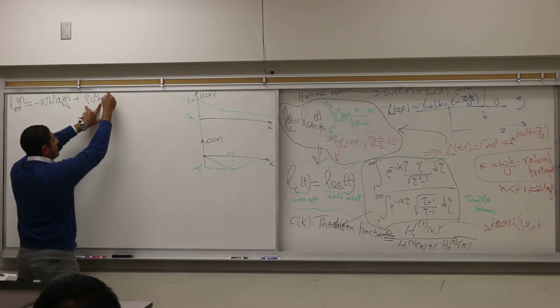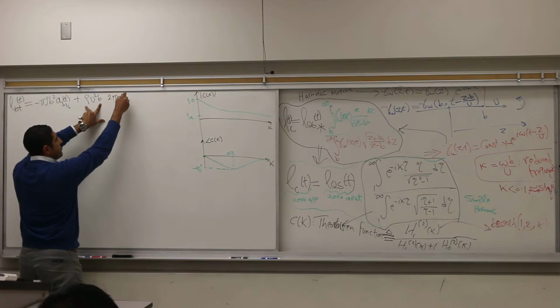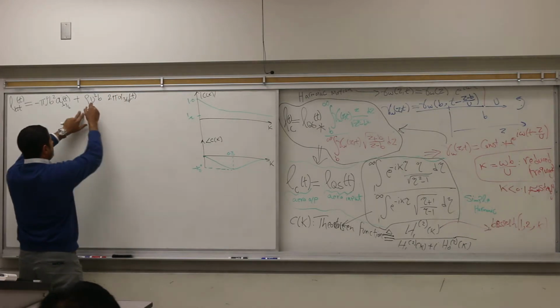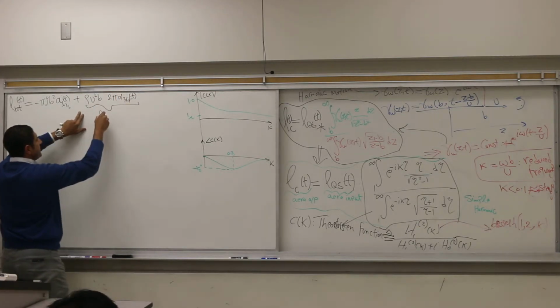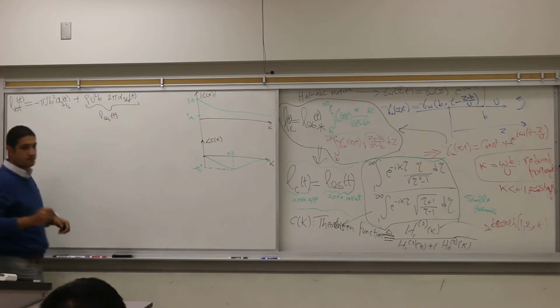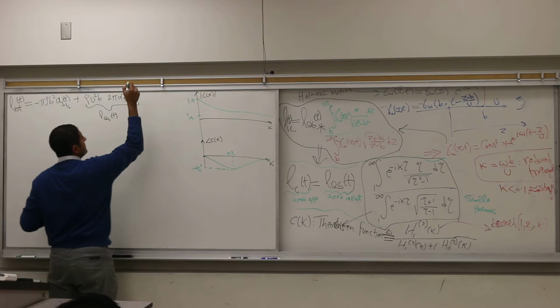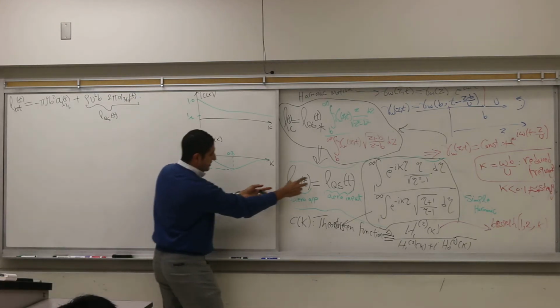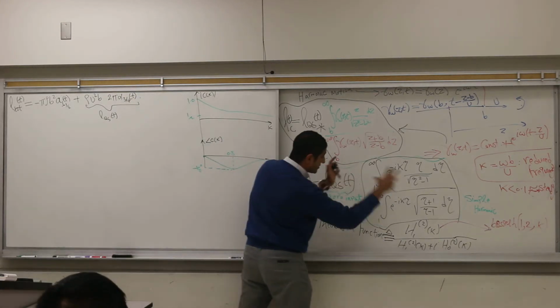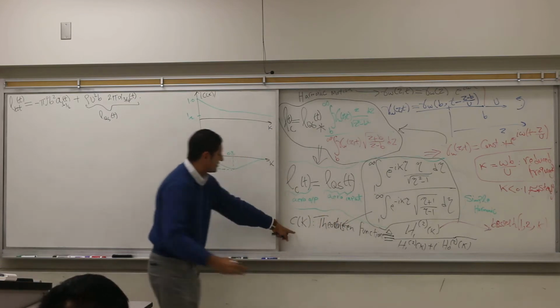My CL steady is 2 pi alpha at the three-quarter chord. This is your quasi-steady lift as a function of time, your input. Here is the equation: this quasi-steady lift times this huge integral which reduces down to C of k.